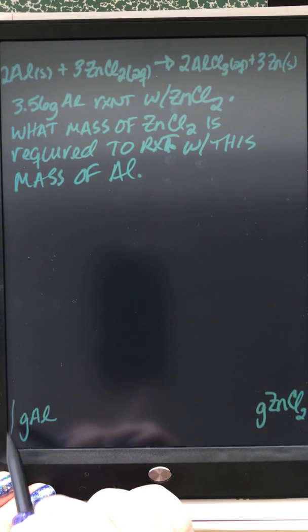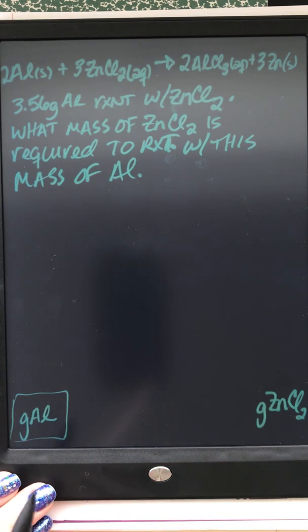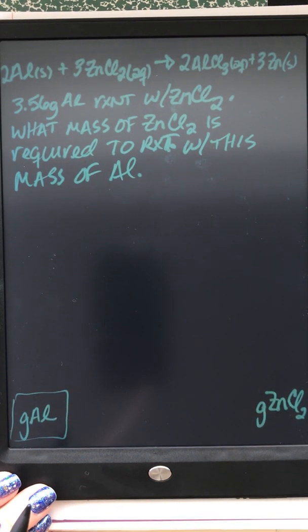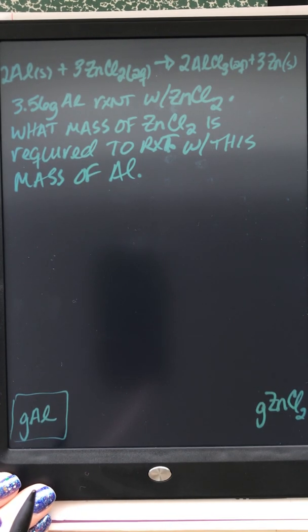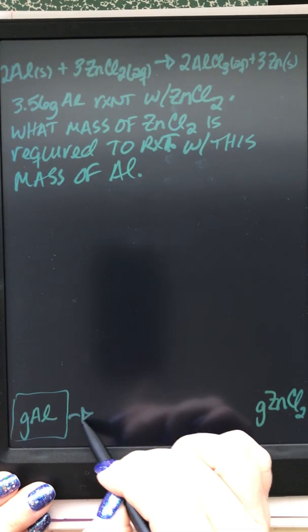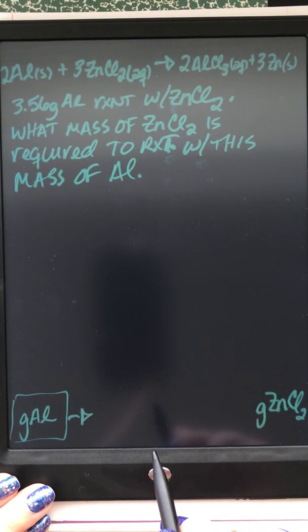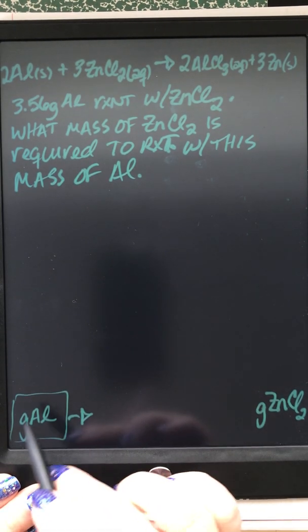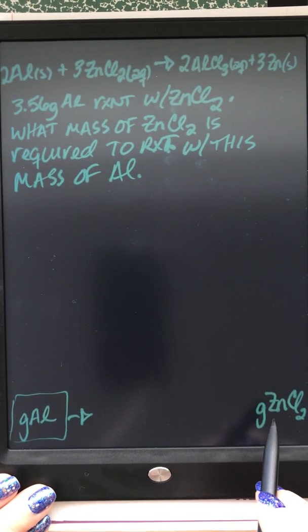So if I'm starting off with grams of this guy, thinking of the molar coaster, what is my first move to get out of grams and into moles? What do I need? The molar mass. I need the molar mass, right? So anytime you see that you're starting in grams, immediately you should be thinking, I need to get to moles, because grams of one thing can't talk to grams of another thing.